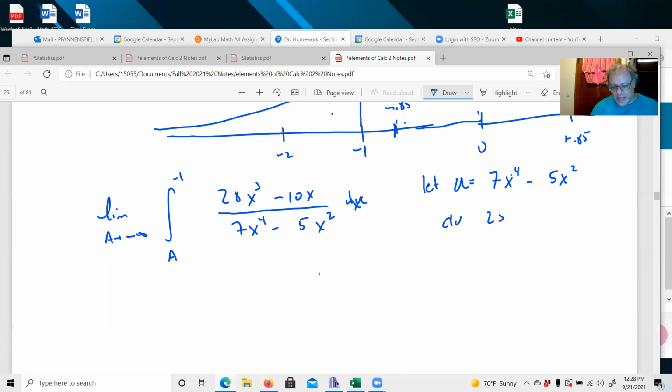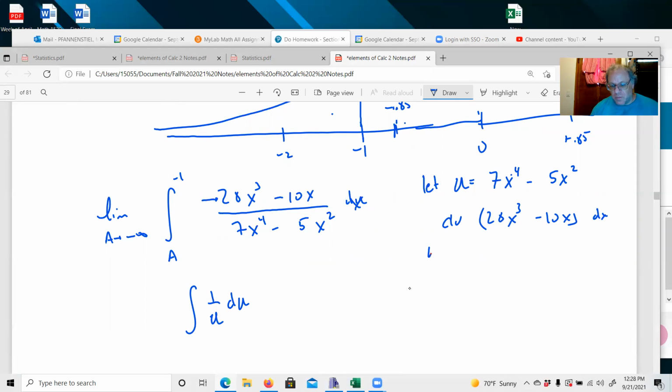Well, that's 28x cubed minus 10x dx. I could swear I've seen that somewhere before. So in this case, our u and our du are really easy to come up with. So we have 1 over u and then du here. Now I'm going to go ahead and change the limits of my integration.